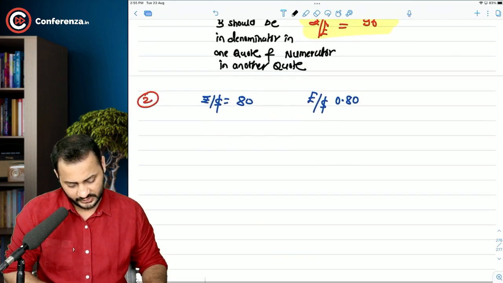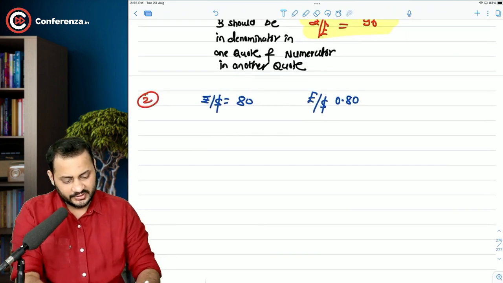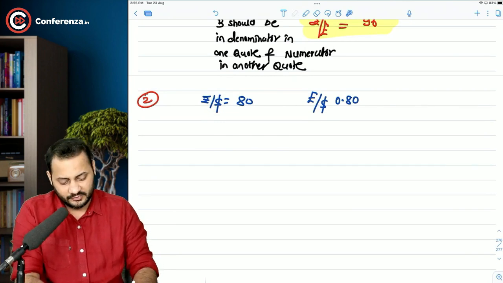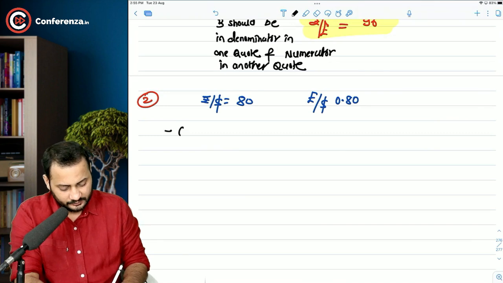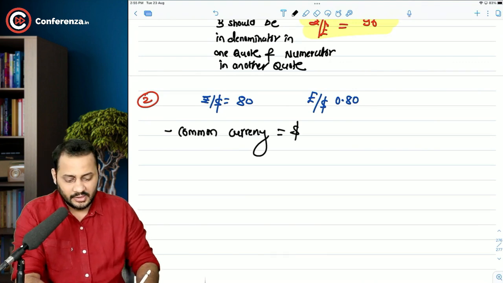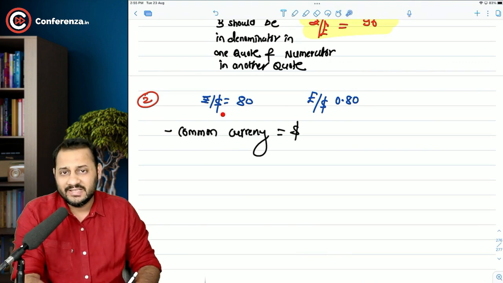Now I will just go with this. Now you will face a problem for the same equation. You can see the common currency. First of all, what is the common currency? It is dollar, and this should be in the base currency in one quote and price currency in other quote.